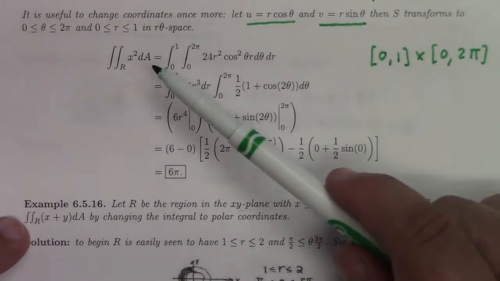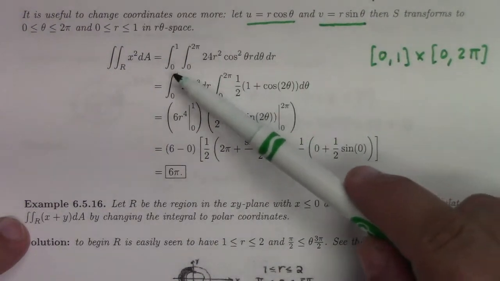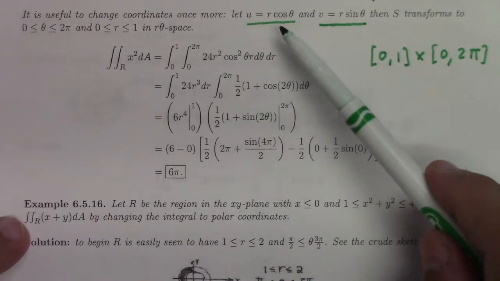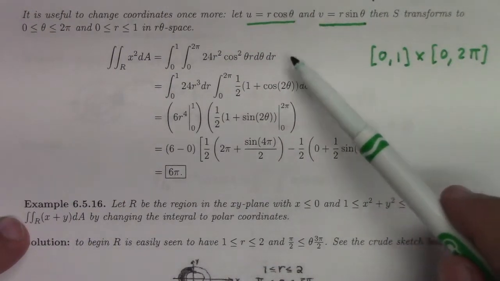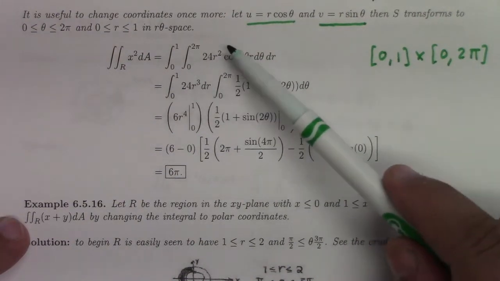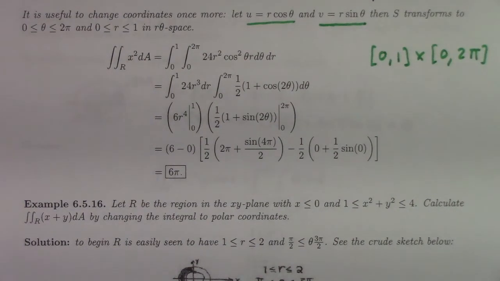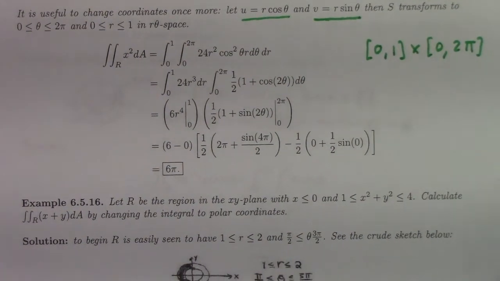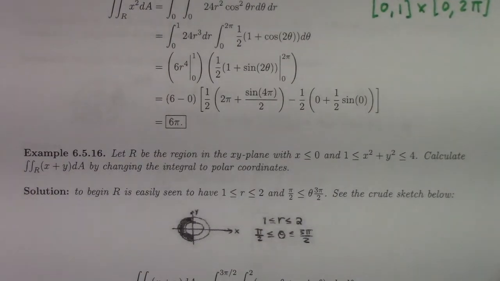And so I can change the integral, change the bounds: 0 to 2 pi for the theta, 0 to 1 for the r, and u squared gives me r squared cosine squared theta, du dv is r dr d theta, 24 is 24, and so I end up with this integral, and I can work it out. I get 6 pi. So that's a pretty good example. There's a lot going on in this example. I like it.